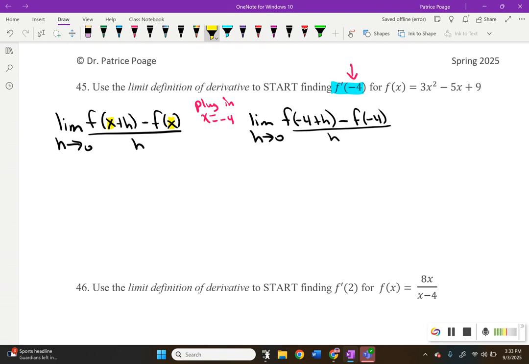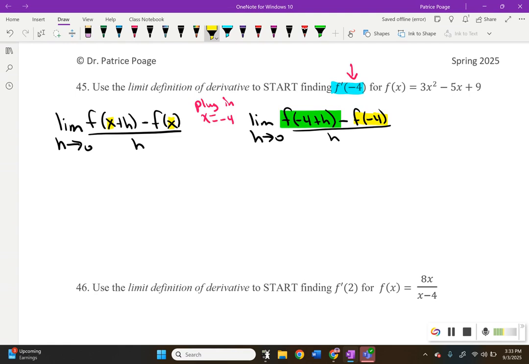Next I need to replace all of that, and I need to find f of negative 4, which is pretty easy. I'll come up here and put a negative 4 in for all my x's. So I have 3 times negative 4 squared minus 5 times negative 4 plus 9.